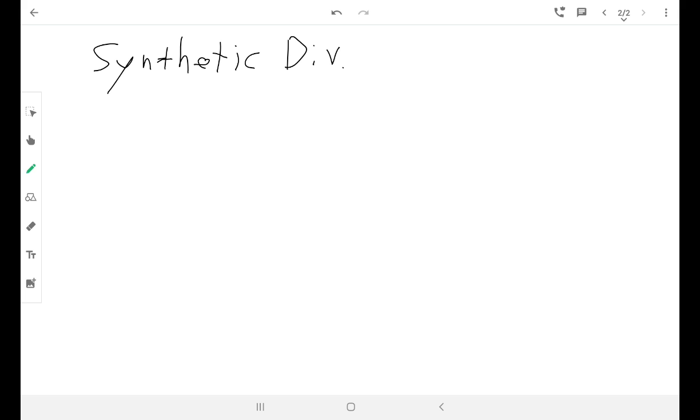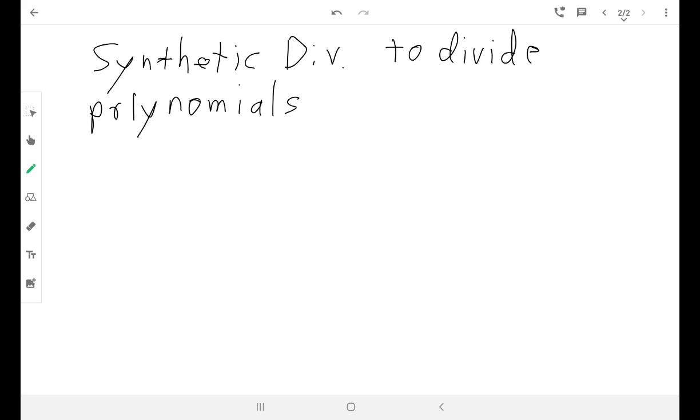Both of these techniques, synthetic division and long division, allow you to divide polynomials. So that's the general idea of what we're going to be talking about today. We're going to be talking about dividing polynomials.